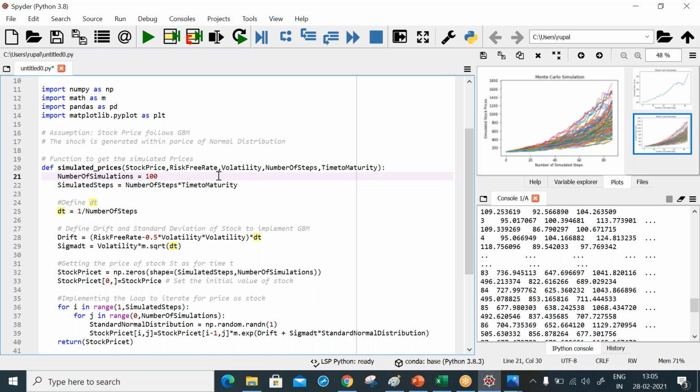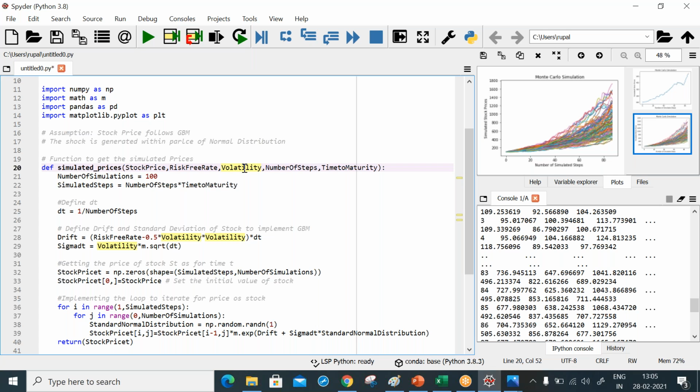Now the question arises: what should your volatility be? That is the key part. The only variable we are always worried about is volatility, and it should always be implied volatility if you are doing this kind of options valuation. Now, what is implied volatility? Which volatility is the best to take?